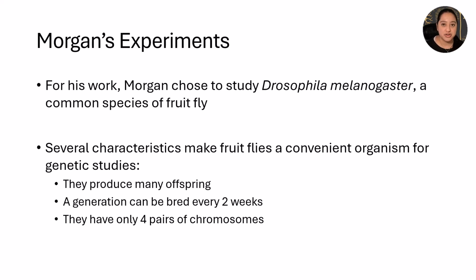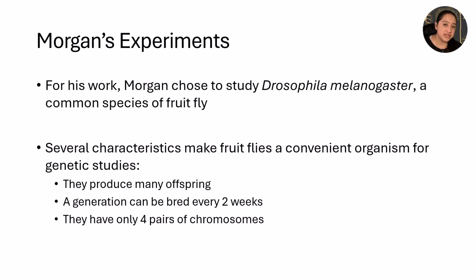That would take forever to study genetics, right? Or elephants. So it's nice because fruit flies have many offspring, so you can see these patterns more quickly. A generation can be bred every 2 weeks, so also very fast. It's not like a long gestation period of 9 months. You can have a new generation in 2 weeks.